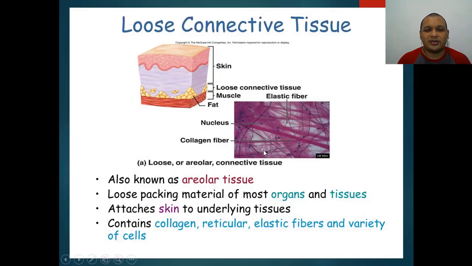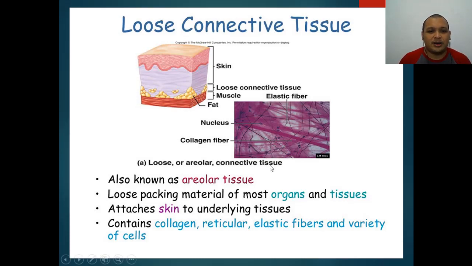Okay, so this is what we find in connective tissue, especially the loose one. Underneath the skin, there is what we call loose connective tissue. Another name we can call it is areolar tissue.